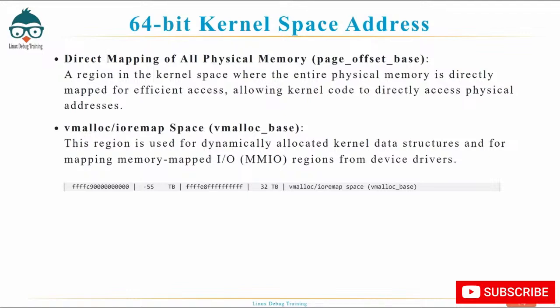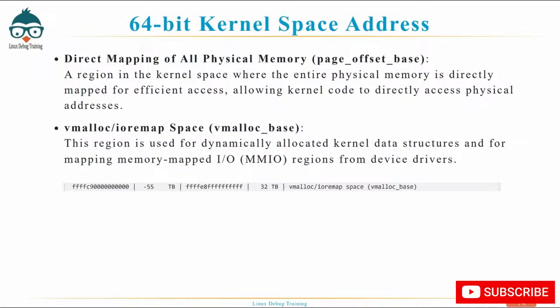The vmalloc region is managed by the kernel's virtual memory manager and provides a way to allocate and access virtual memory regions that may not be physically contiguous. It is used for storing data structures that don't need physical memory continuity. The I/O remap space is used to directly map physically non-contiguous I/O regions that need to interact with hardware devices.